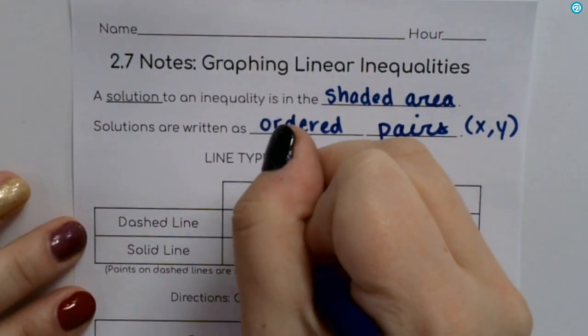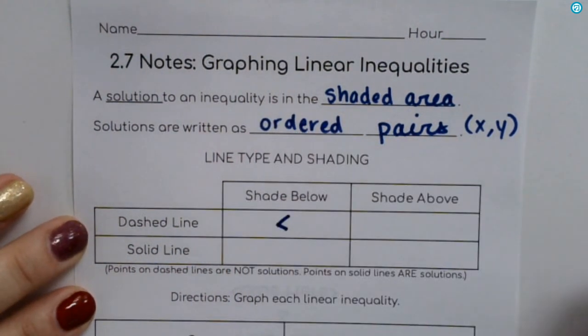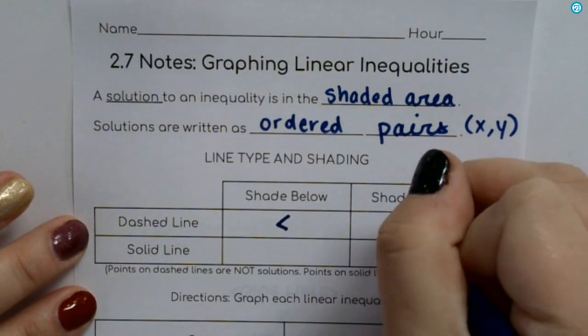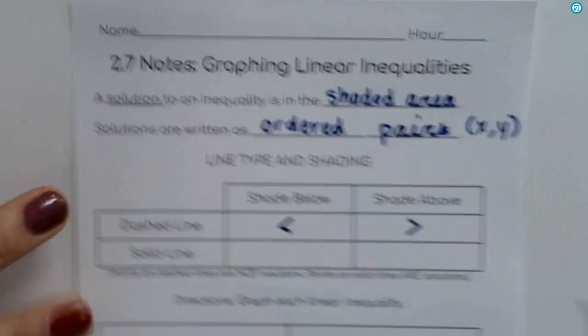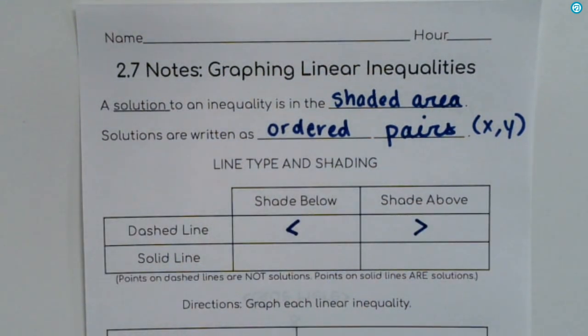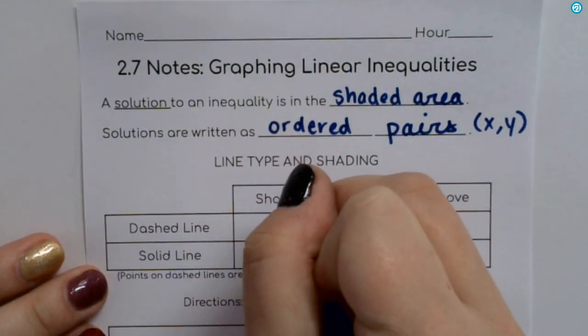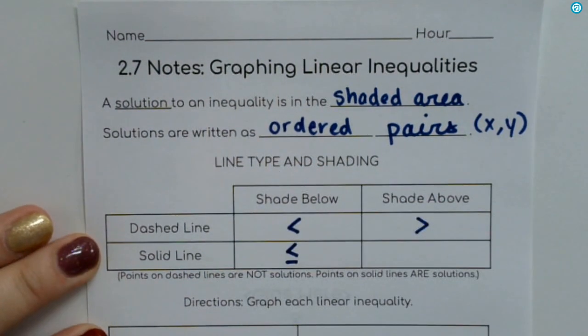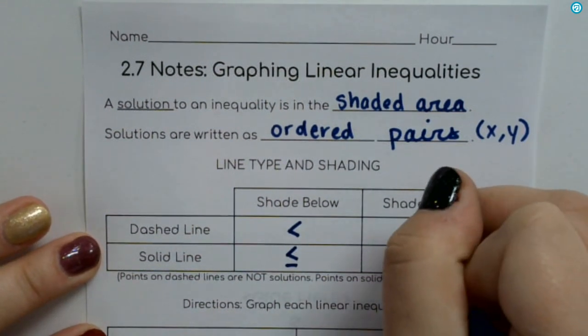So we will shade below a dashed line for a less than sign, and we will shade above a dashed line for a greater than sign. Then the shading's the same. We'll shade below a solid line for less than or equal to, and we'll shade above a solid line for greater than or equal to.